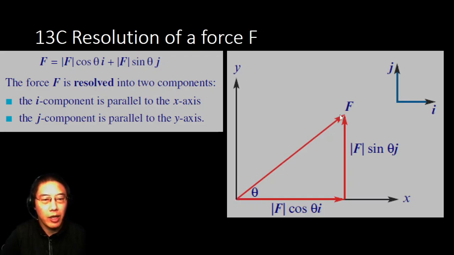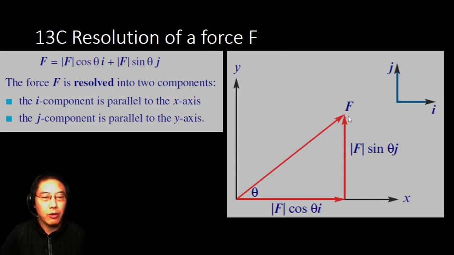You have a vector F with magnitude |F|, and theta is the angle to the positive x-axis. Using our right angle triangle we can determine the magnitude of each component. The adjacent is the magnitude of F times cos theta, and as it is a vector it is in the direction of i.